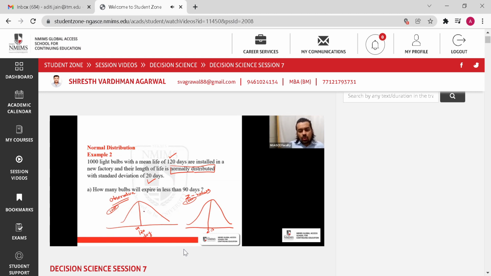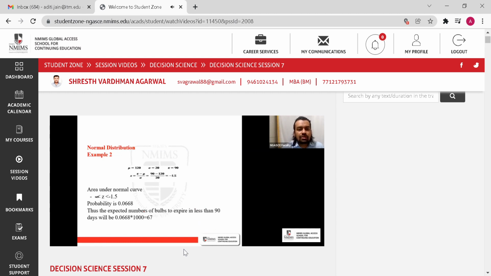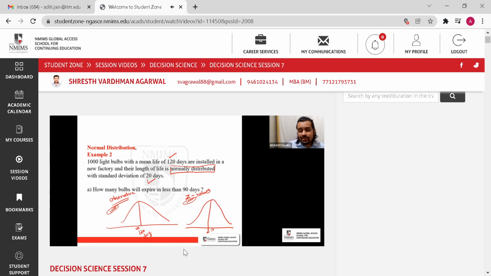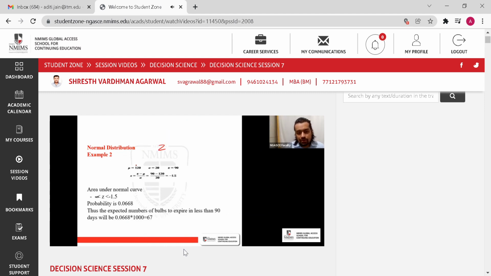Now, what is the procedure? We need to find the Z. For simplification, either you use this formula, or you can apply the Z concept. The Z concept is the easiest way to find the probability.